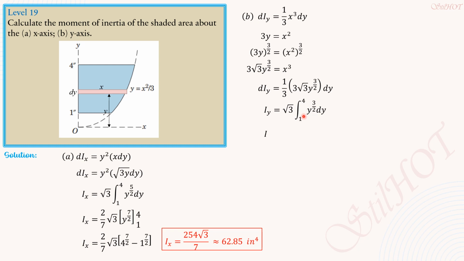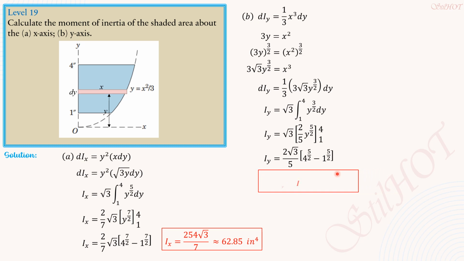Reciprocal of 5 halves is 2/5, so Iy is 2/5 square root of 3, then y to the 5 halves from 1 to 4. So Iy is equal to 2 square root of 3 over 5, quantity 4 to the 5 halves minus 1 to the 5 halves. And using the calculator, Iy is equal to 62 square root of 3 over 5, or approximately 21.48 inches to the fourth.